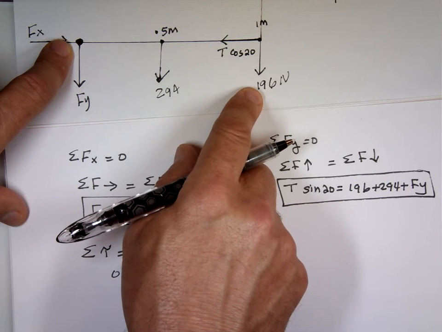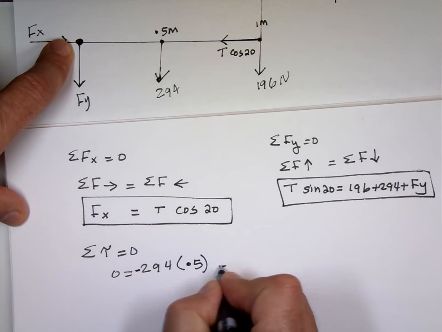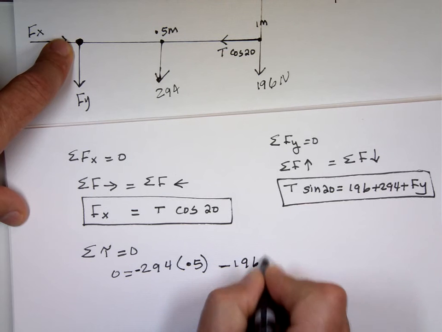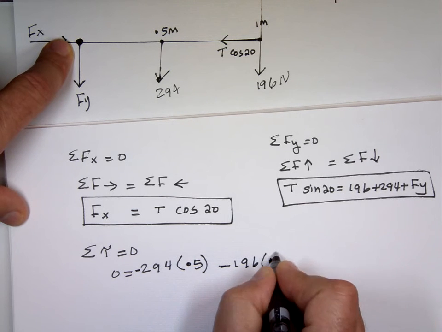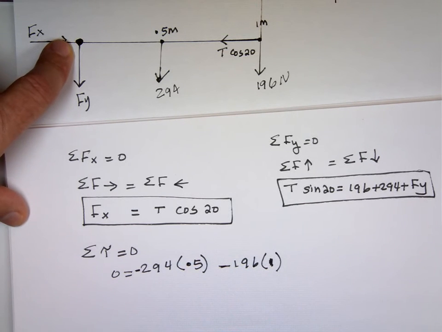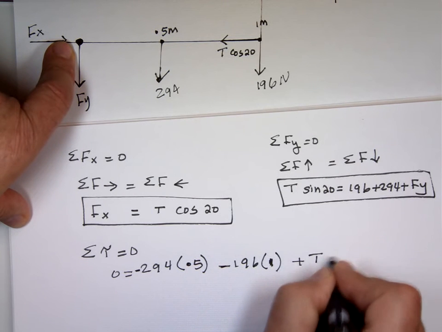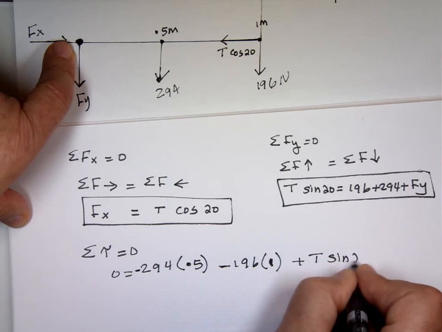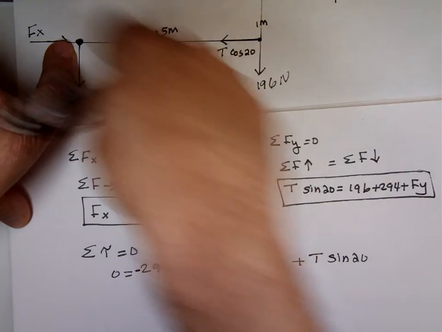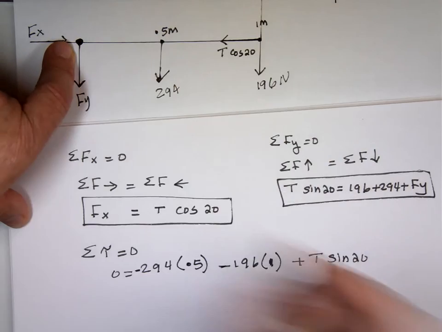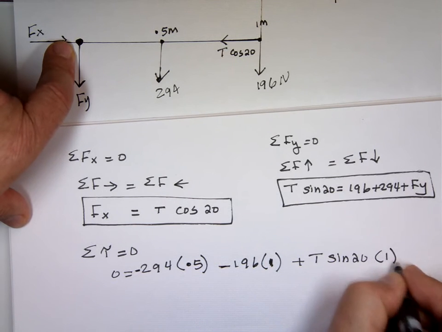That's also a negative. The distance is 1. And the other one is this one, T sine 20, and that's a positive torque because it's pulling upwards, going to make it spin counterclockwise. That's a positive torque, and the distance is 1. And that's my third equation.